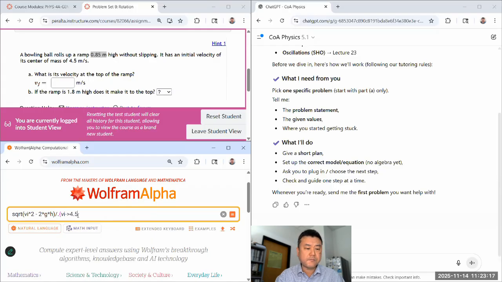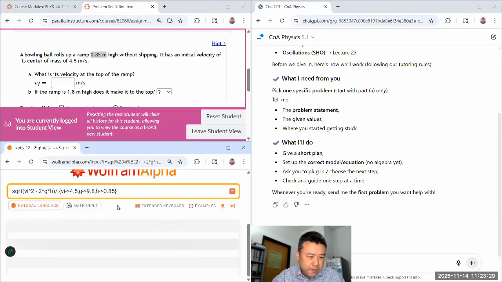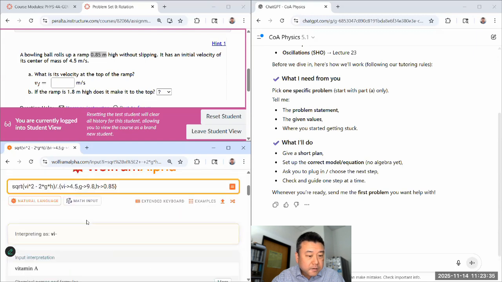Let me do it all in basic SI units. g is 9.8, and h is 0.85. I think it'll work. I tried this before and it worked last time. Oh, it didn't work. Never mind.